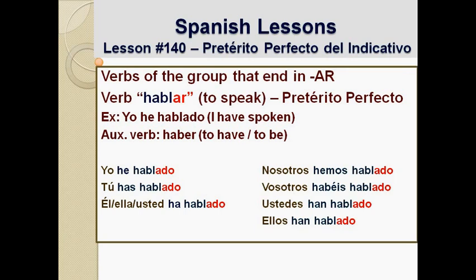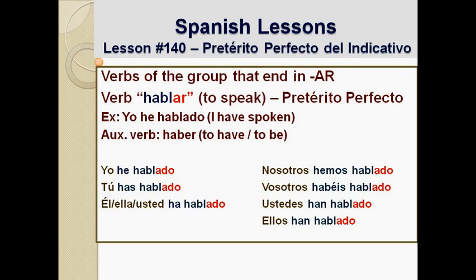Same as in English, you can see that whenever there is an auxiliary verb involved, it's only the auxiliary verb that changes the conjugation, okay? So here you can see that from one subject pronoun to another, the only thing that changes is the auxiliary verb haber, okay? While the verb to speak, that is in gerundio here, sorry, it's in participio pasado, it says past participle.